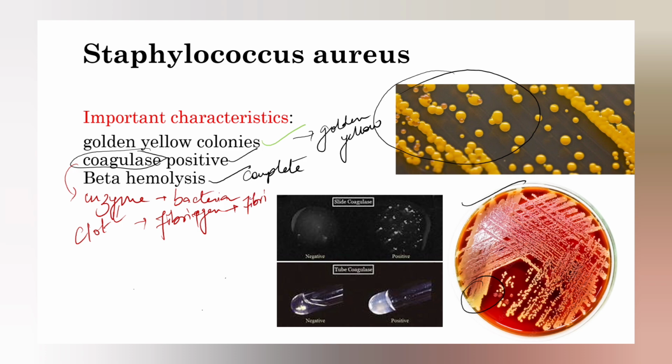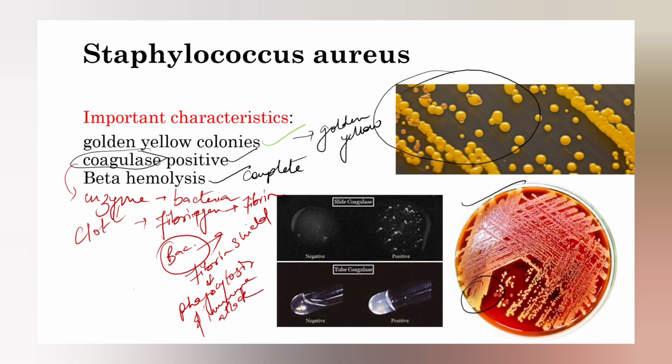This helps in forming a fibrin shield around the bacteria. This fibrin shield will ultimately help the bacteria to protect against phagocytosis, and also immune attack. Dear students, coagulase should be remembered as an important virulence factor of Staphylococcus aureus.